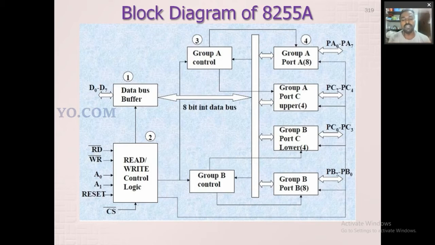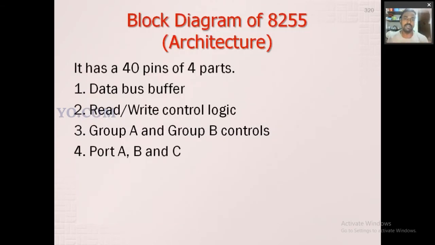Group B control is used to control port B and port C lower. The next block is the external ports. Totally 24 lines are present, 24 separate lines that act as input or output. According to the program, these lines are enabled or disabled.